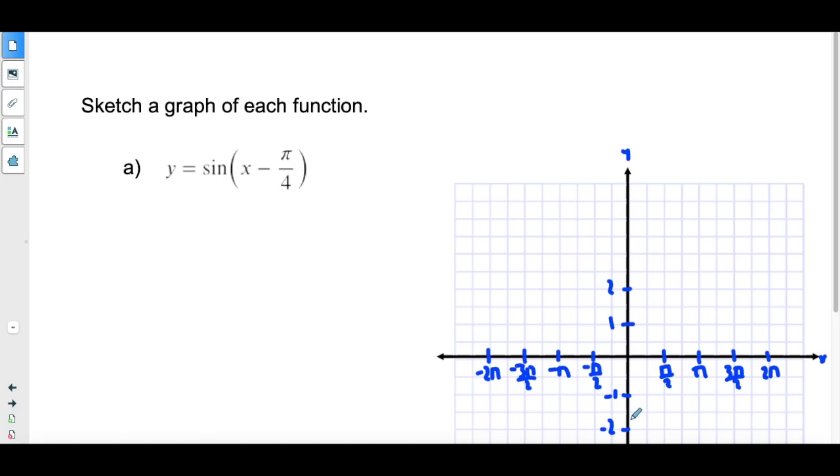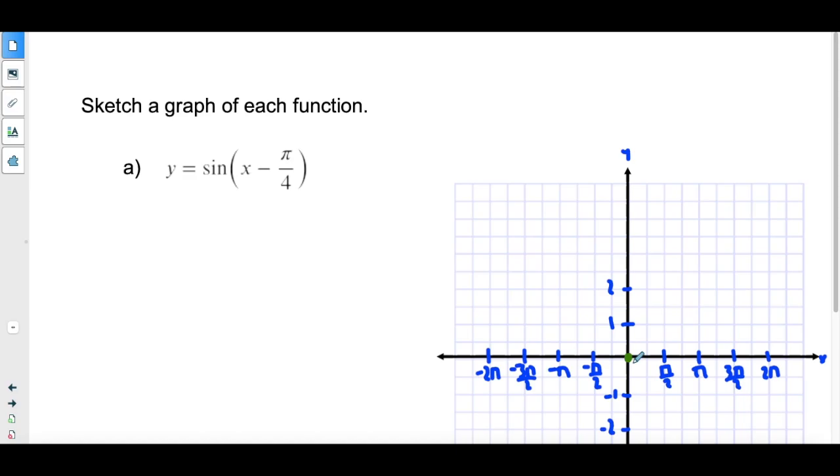And now, whenever we're applying transformations to the graph of y is equal to sine x, it's important to know some of the points that are on my graph of y is equal to sine x. And these are some points it will be helpful to memorize when you're graphing transformations of y is equal to sine x. So, here's one point.